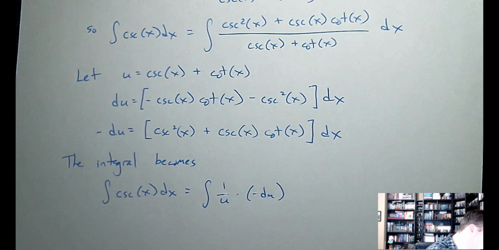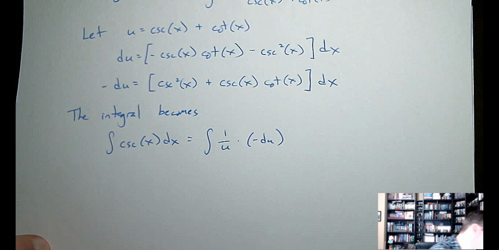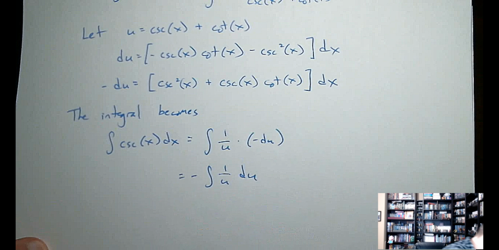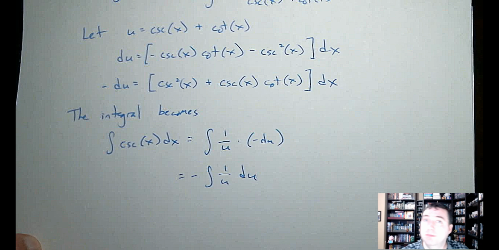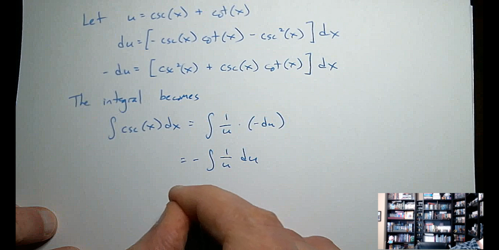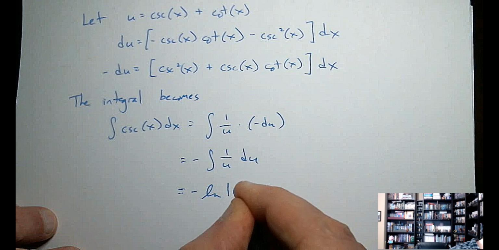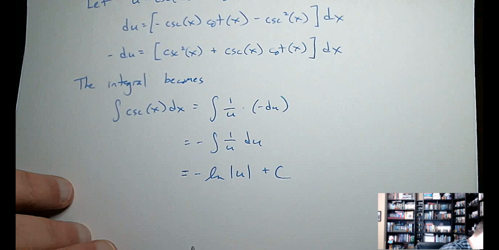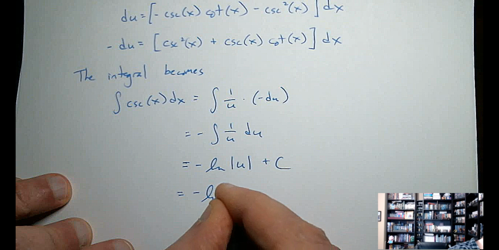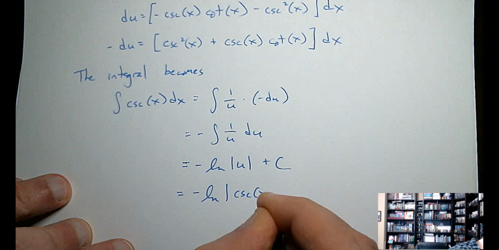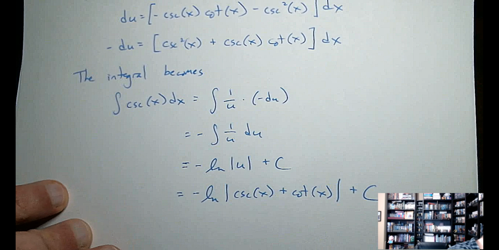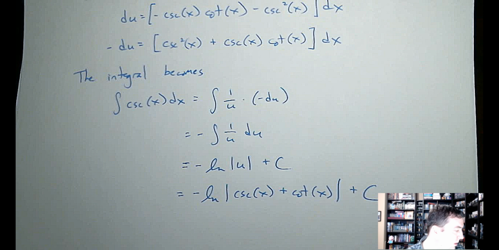So I can pull that negative outside. And again, I wind up with just the integral of 1 over u. We know that's the logarithm. So this is going to be negative the natural log of the absolute value of u plus c. And of course, we sub back in for u. So we get negative the natural log of the absolute value of cosecant x plus cotangent x plus c. So that's how that's done.